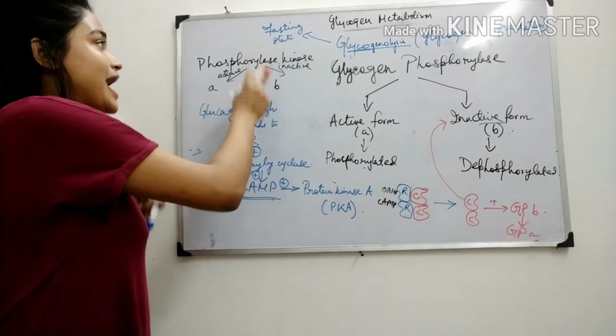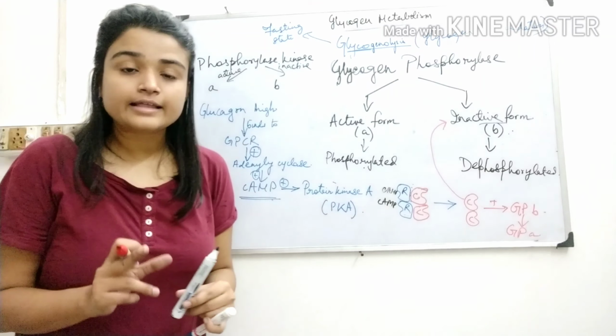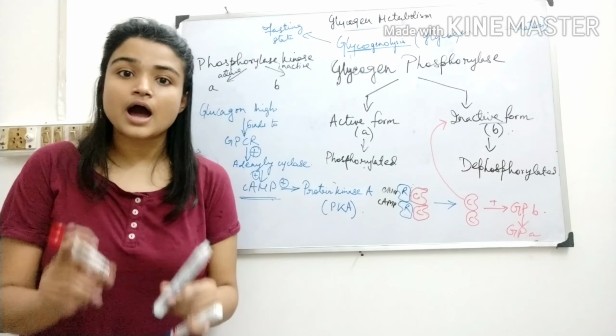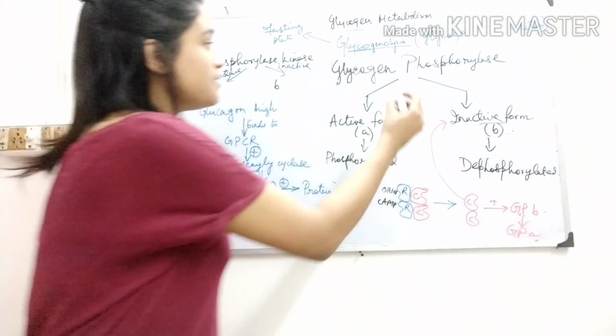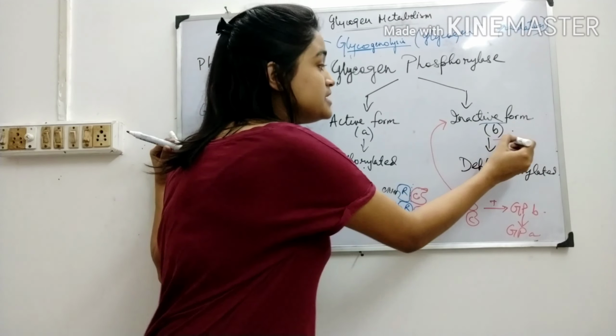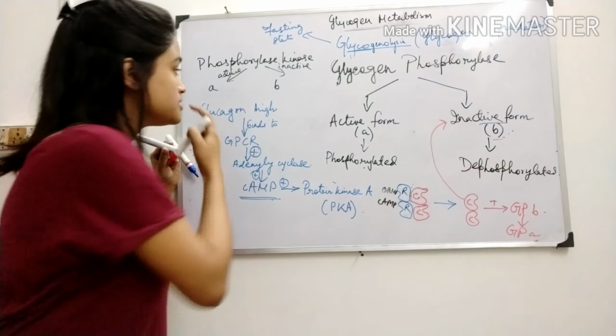Another thing is that in the fasting stage, when the cell's energy is low and it is in urgent need for ATP, at that time AMP level is also high, and AMP also activates the glycogen phosphorylase B state. When AMP level is high, it will also activate the B form of glycogen phosphorylase.